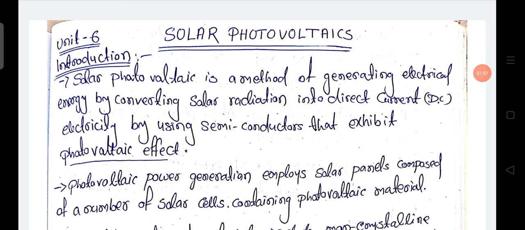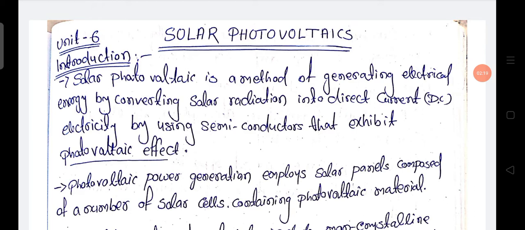That means when sun radiation falls on the surface of the semiconductor, the charge carriers, that is holes and electrons, are generated.